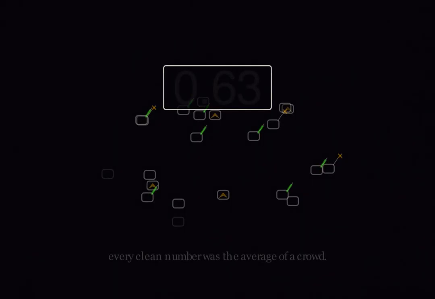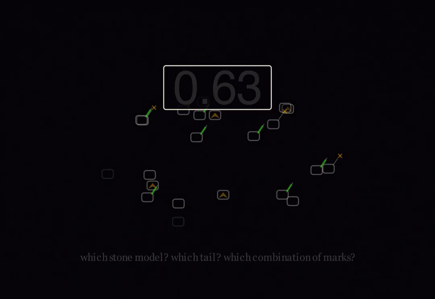Every clean number ever read off an in vitro experiment was the average of a crowd of different stones carrying different marks, all answering the question at once, all blurred into one another. When an experiment reported that a motor prefers old track, no one could ask which stone model, which tail, which combination of marks the preference belonged to.